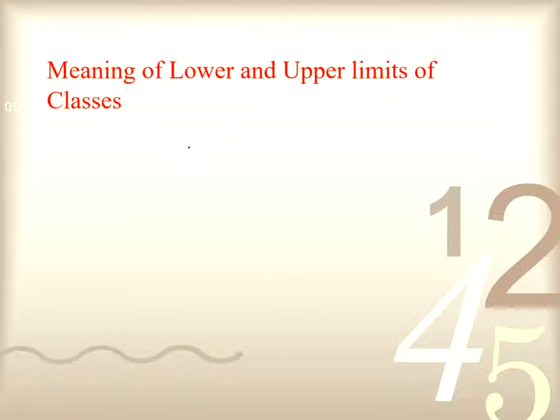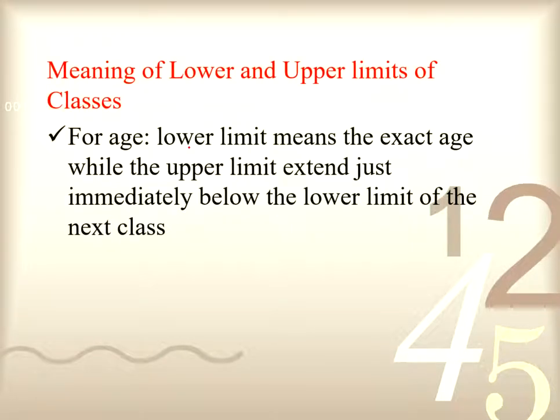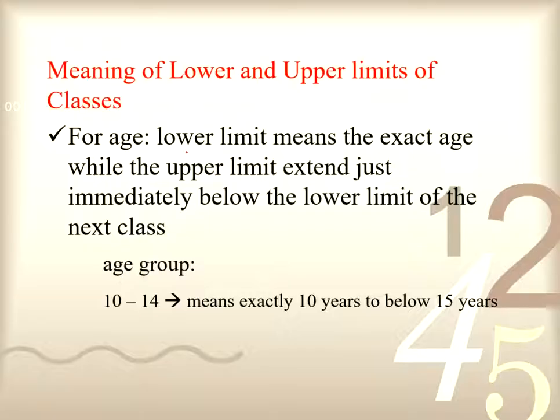So, meaning of lower and upper limits of classes. So, for all ages, lower limit means the exact age, and the upper limit extends just immediately below the lower limit of the next class. Ano may ibig sabihin nun? So, 10 to 14 means 10 years old. So, kapag nag-10 ka na, bilang ka na sa 10 to 14.